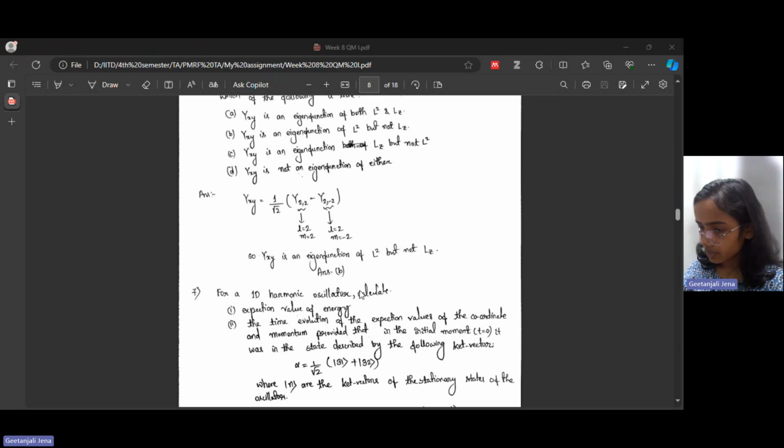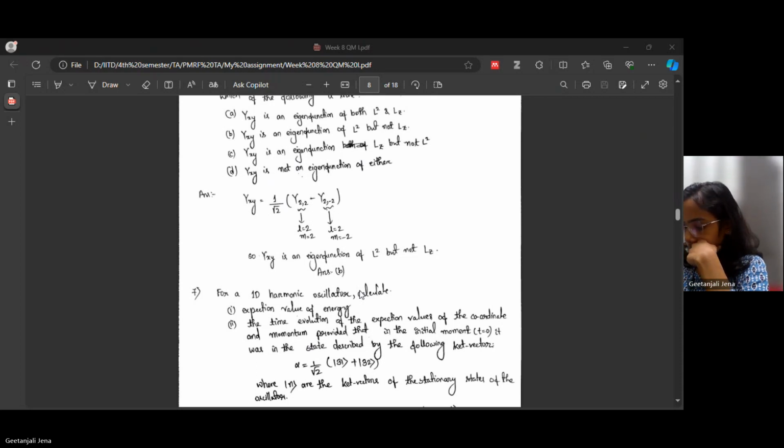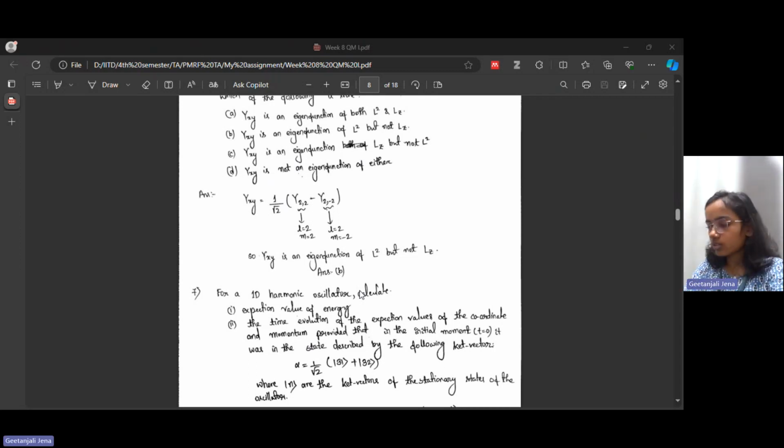Still, I'm not able to connect my tab. Okay, so let me solve all the problems in this manner, because I'm not able to connect my tab.